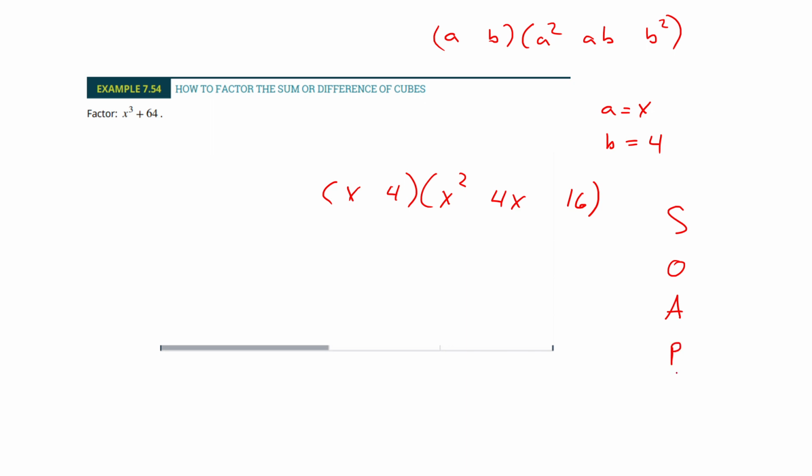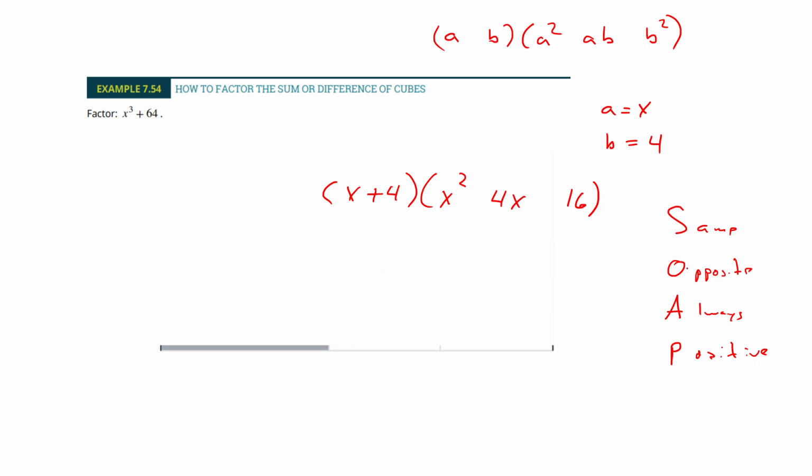Now, there's a trick I saw in some textbooks many years ago, which I thought was really good, and it's the idea of SOAP. What this means is same, opposite, always positive. Okay, what does that mean? Well, your first sign is going to be the same as what you started with. We started with a plus, so I need a plus.